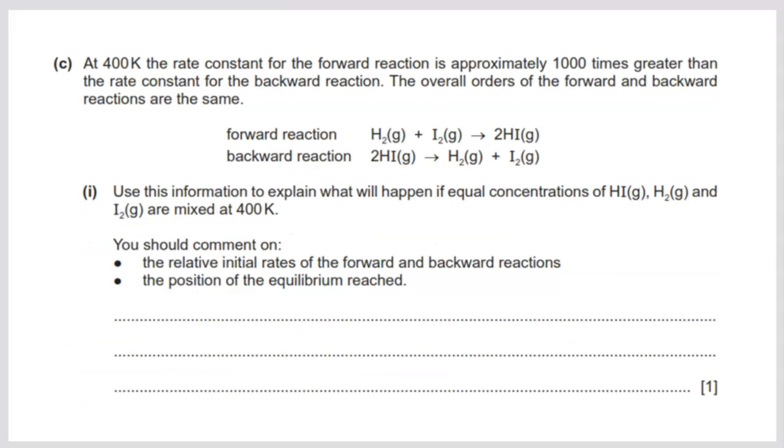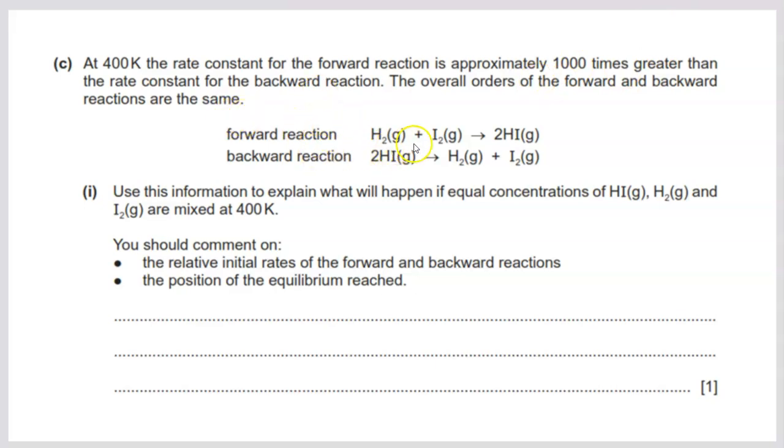Now the very important part. At 400 Kelvin, the rate constant, means K, for the forward reaction is approximately 1000 times greater than the rate constant for the backward reaction. So this is the main statement. The overall order of the forward and backward reactions are the same.